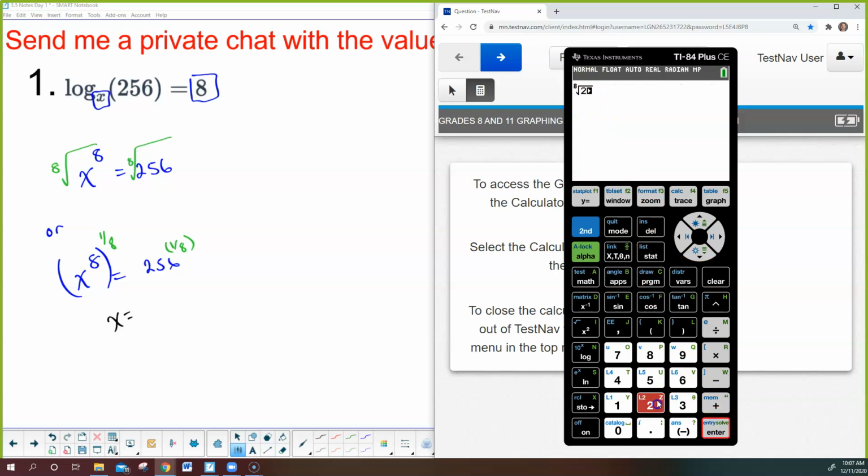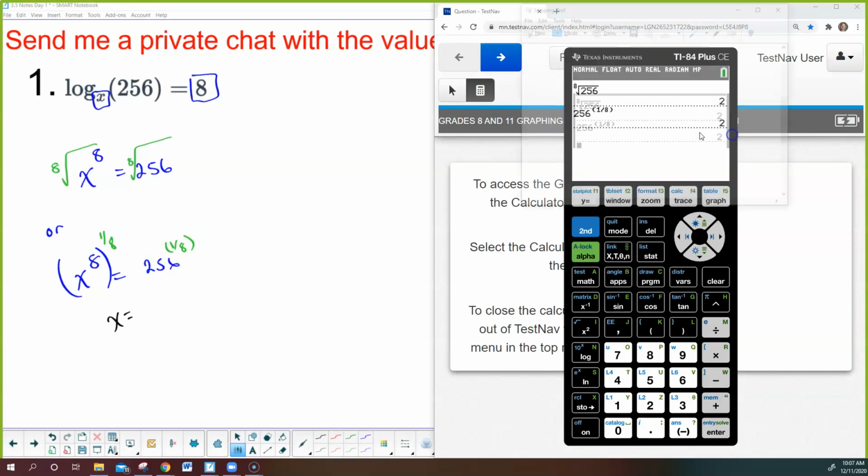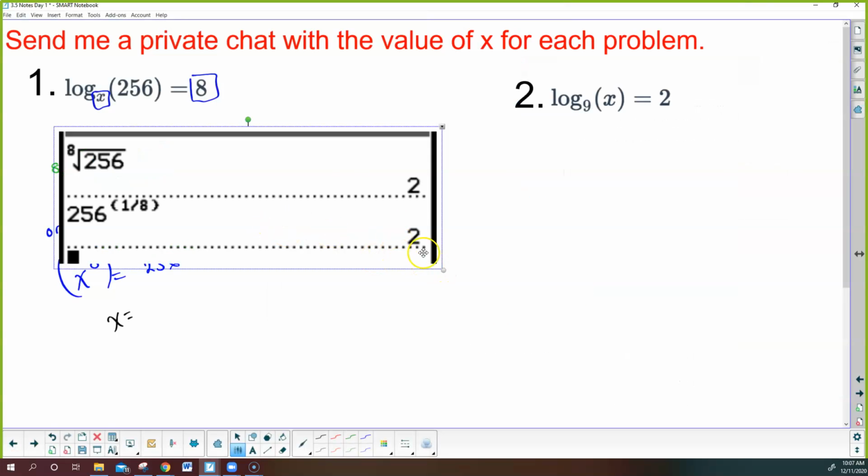Then we select option 5, and we end up with 2. And notice if I do 256 to the 1/8 power, I will get the exact same thing. So two ways to solve that. Both ways you get 2.